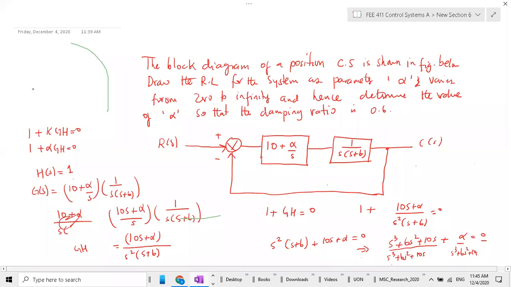You'll end up with 1 plus alpha over (S cubed plus 6S squared plus 10S) equals 0. So this now is similar to what we normally have.